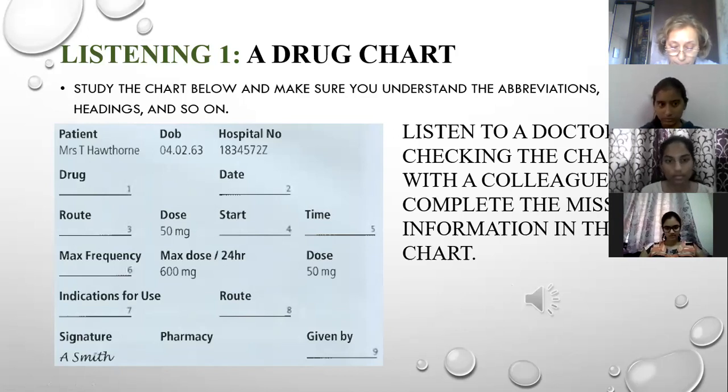Unit 5, Listening 1. Let's see now. Mrs. T. Hawthorne, date of birth 4th February 1963, hospital number 1834572Z. She was prescribed tramadol today, 15th October 2009, given intramuscularly 50 milligrams, started on 13th October at 11:30.